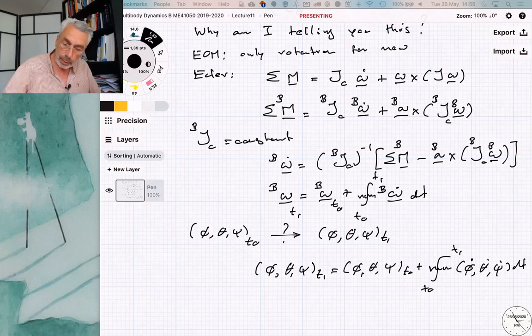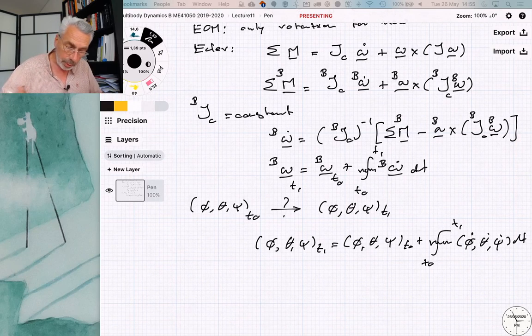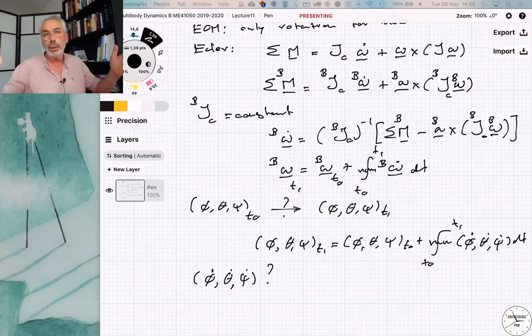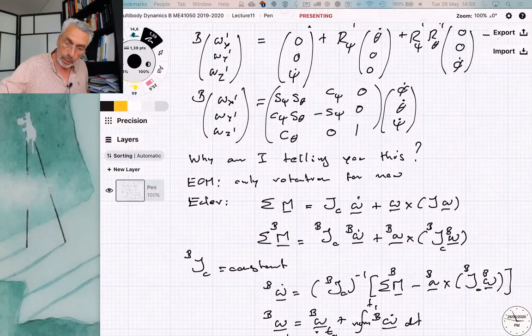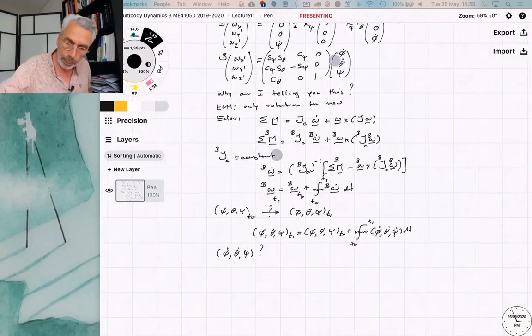Having said that, I need to know what the derivatives of the angles are. I need to know phi dot, theta dot, and psi dot. What are they? Well, we recently derived an expression: omega is a matrix of angles times phi dot. So we need this expression, but then the inverse. So let's copy it first.